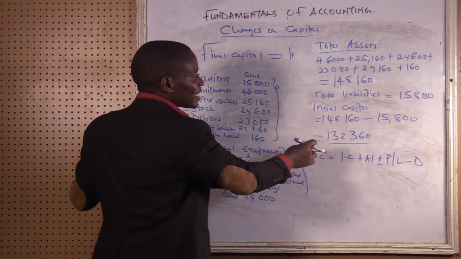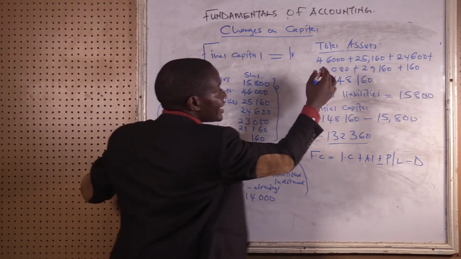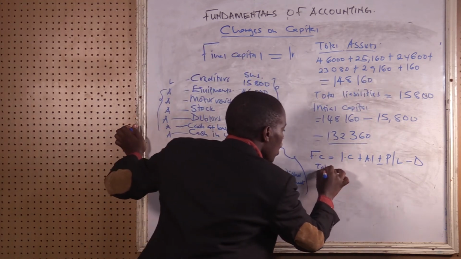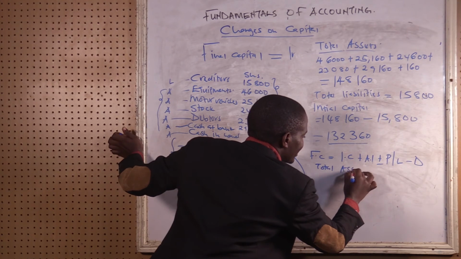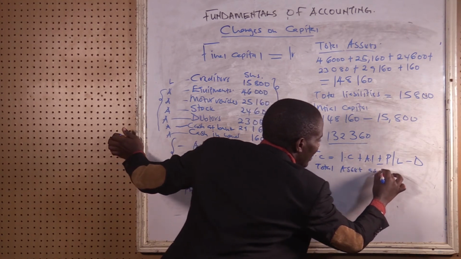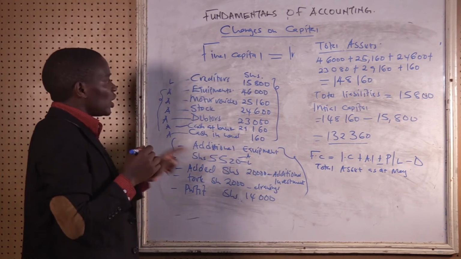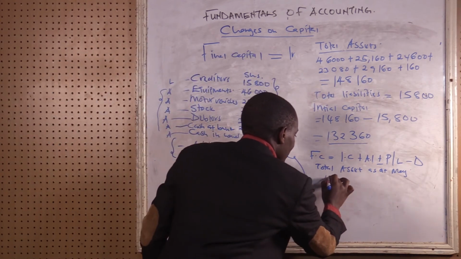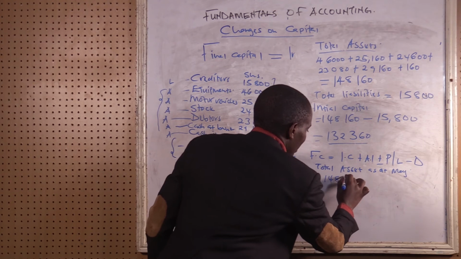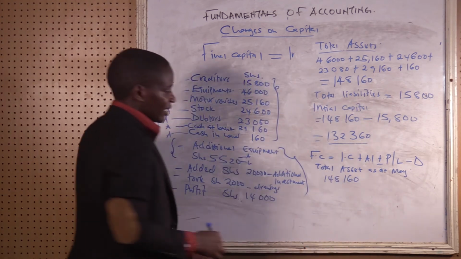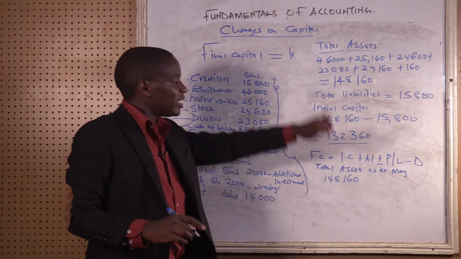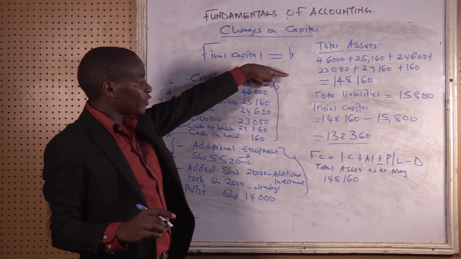So it means that we shall have it here. Total assets as at May, we shall have them as what? 148,160. This is the total assets in the month of April.